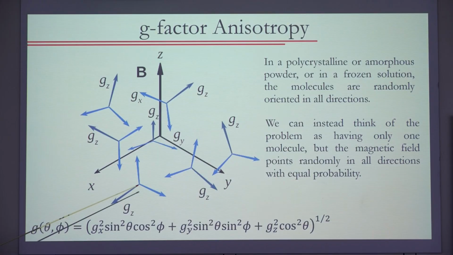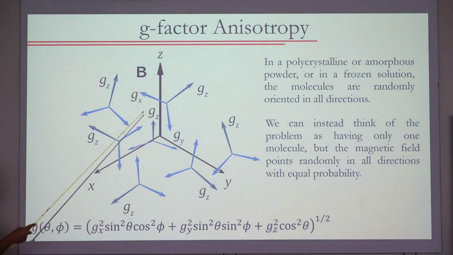But the same will happen if you have a frozen solution. Then you have a lot of molecules. Each of them has a different G matrix oriented in a different random way. In principle, you have so many molecules that you are covering all possible orientations equally. So the way we solve this is to assume the other way around.